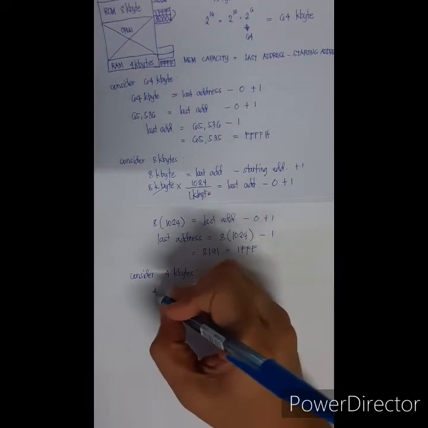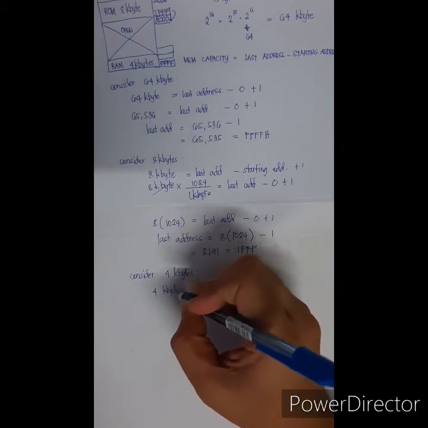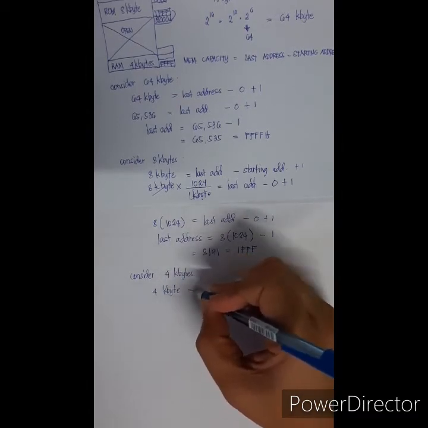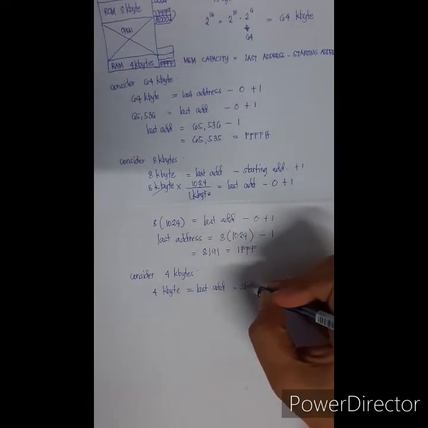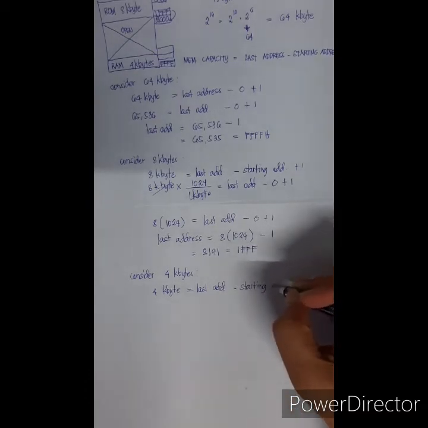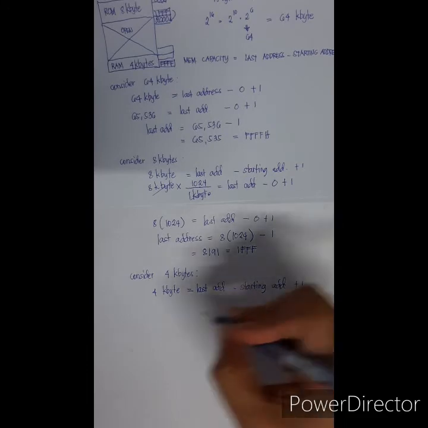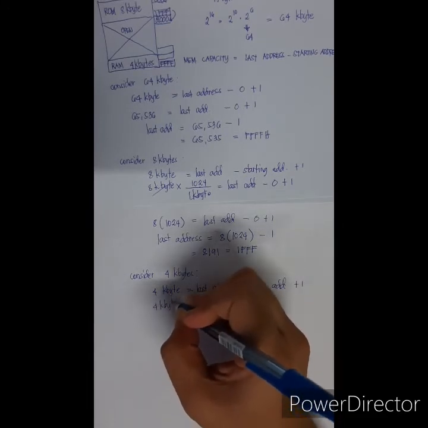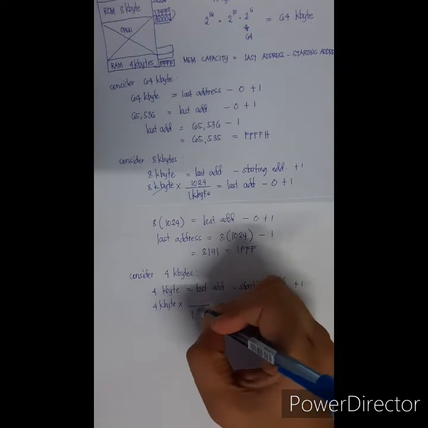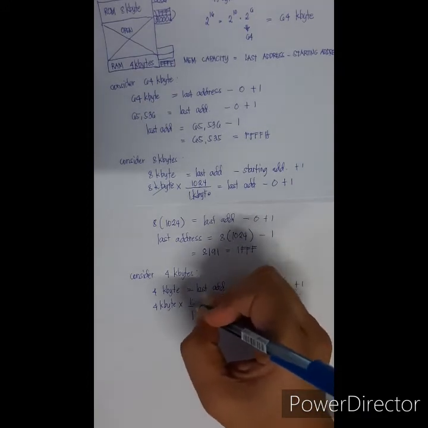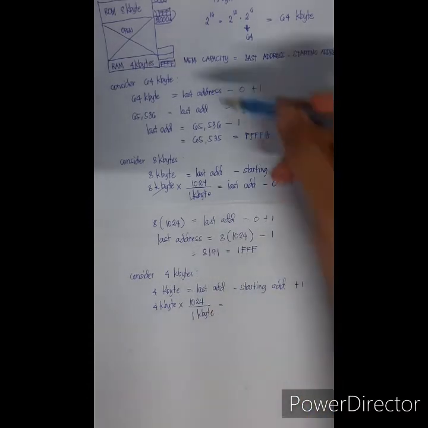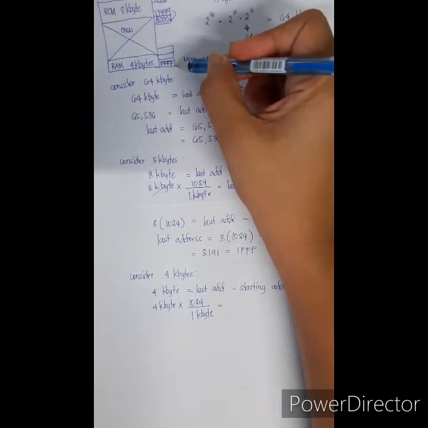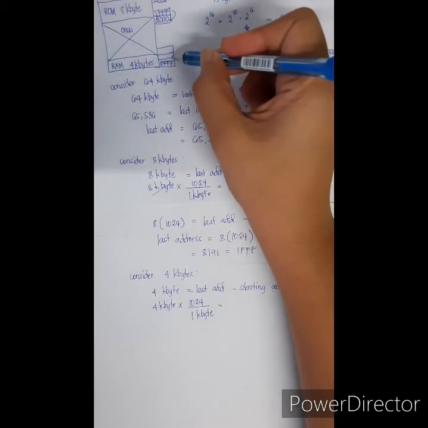So, 4 kilobytes, which is the memory capacity, equals the last address minus the starting address plus 1. So, 4 kilobytes times 1 kilobyte, 1024. Okay? Since this is what we are considering, we already have the last address, and what we need to find is the starting address.